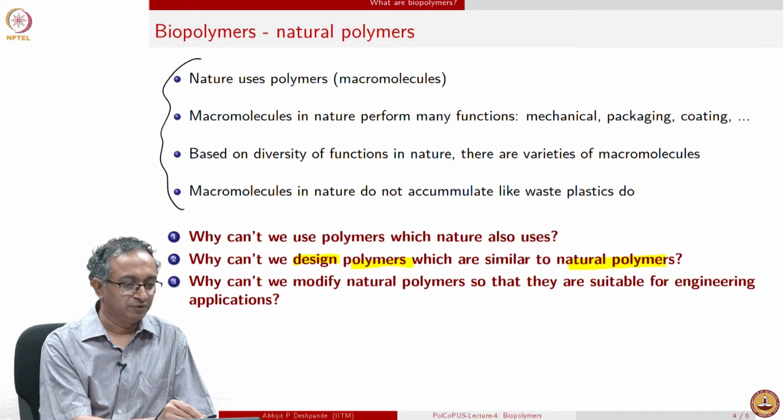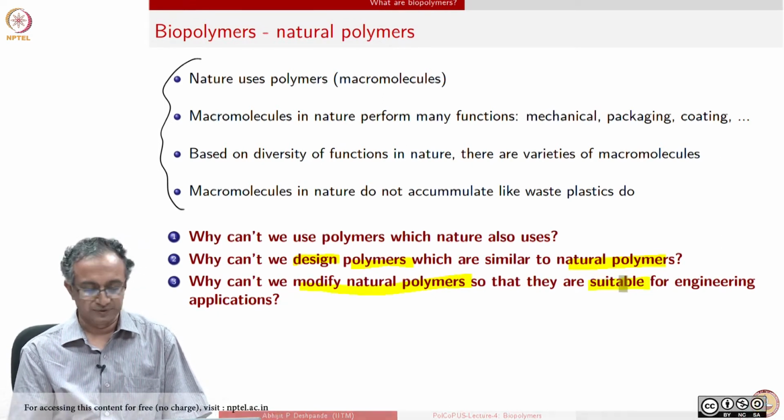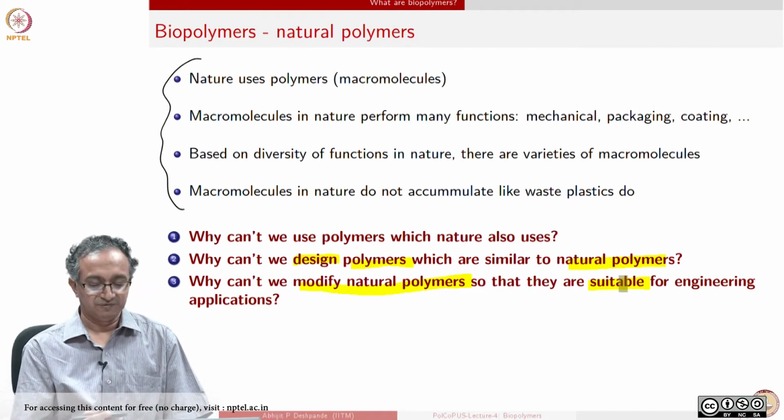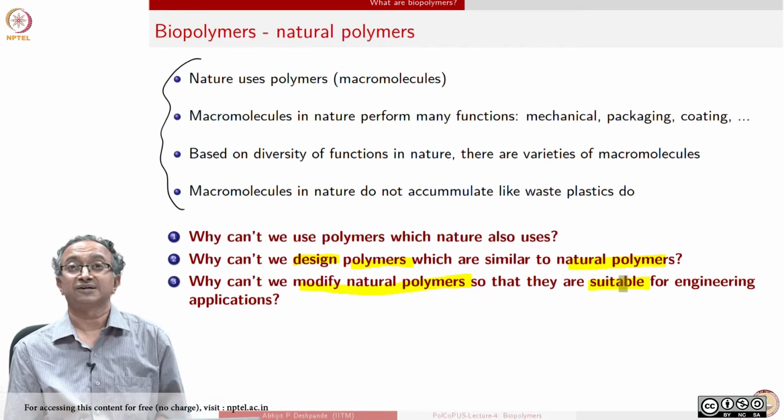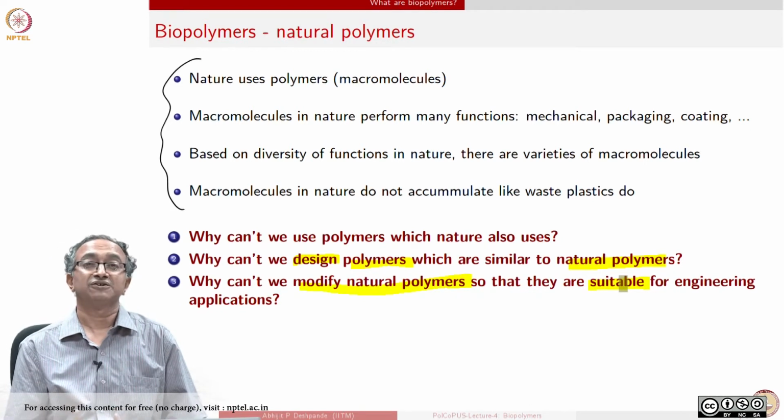And one more approach which we could take: can we modify the natural polymer so that they become suitable for the engineering applications that we want? So, this is a very useful set of pointers for us to think of a new set of polymers that might help us take care of some of the issues related to sustainability of polymers.